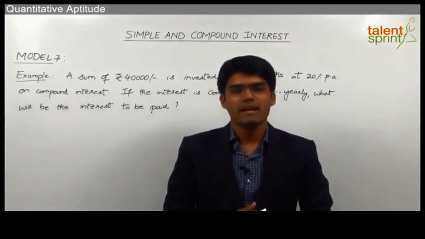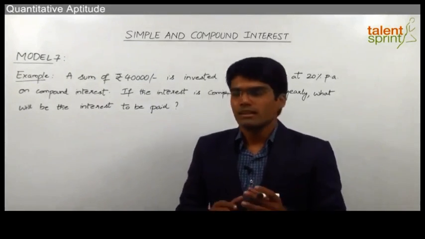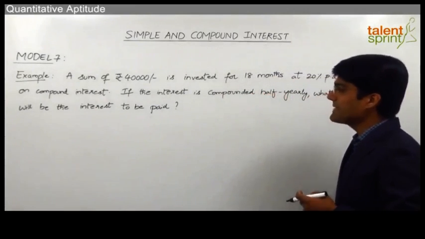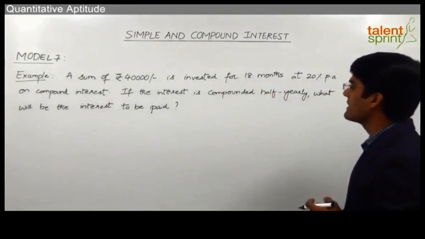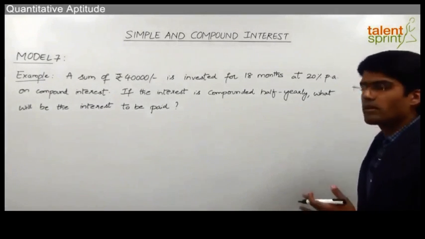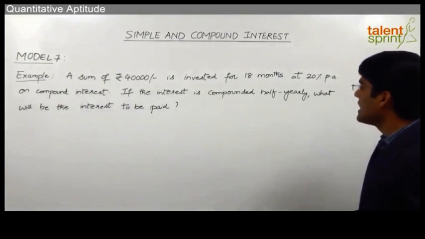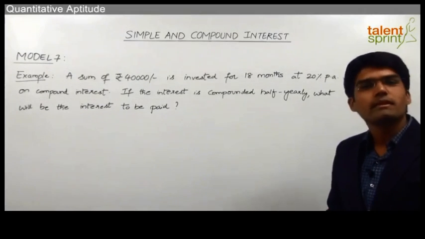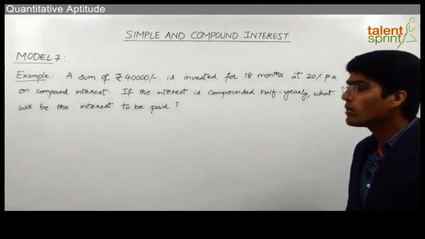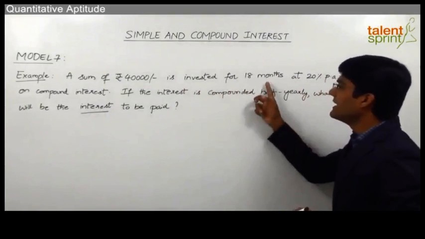Let us now take an example based on the various types of compounding that we have just understood. The question here is, a sum of rupees 40,000 is invested for 18 months at 20% per annum on compound interest. If the interest is compounded half yearly, what will be the interest to be paid? So we need to find out what will be the interest that has to be paid at the end of 18 months.